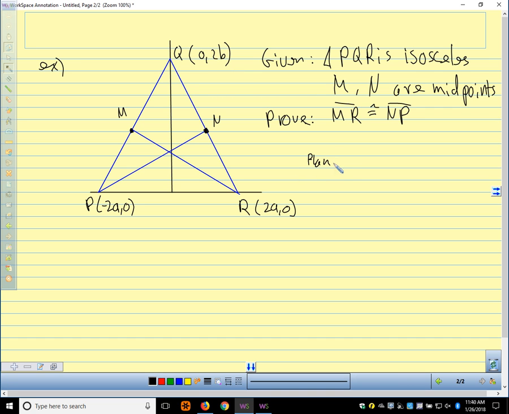My plan: we need to find the midpoints. So first, find the midpoints. And then second, I'm going to find the length of the segments using the distance formula.